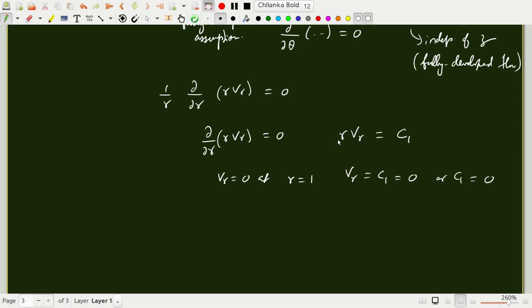Now we have V theta is 0. This is axisymmetric flow, and Vz is independent of z and independent of theta, so Vz is a function only of r.